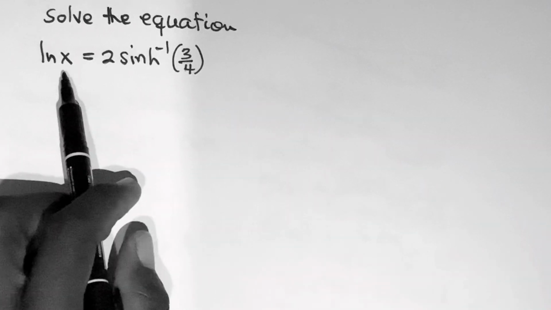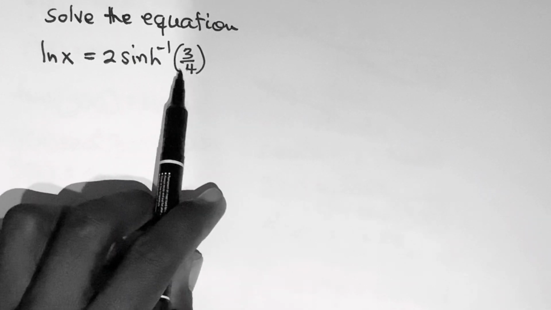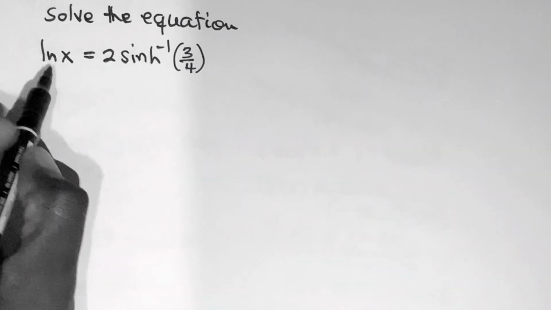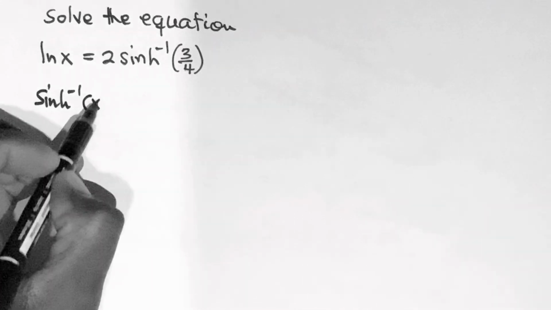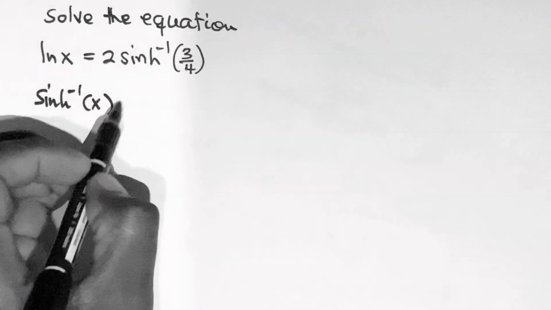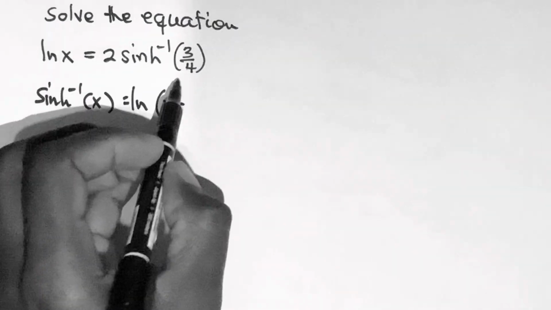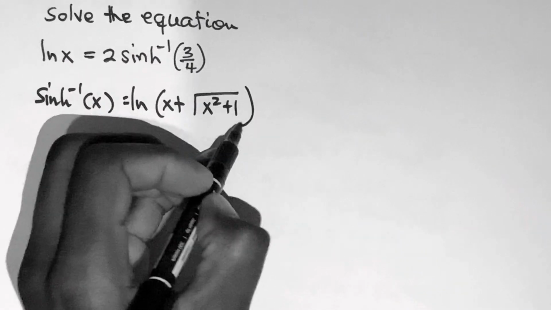To solve the equation, ln x equals 2 sine inverse of 3 over 4. Now, what is sine inverse of x? It is giving us the natural log of x plus the square root of x squared plus 1.